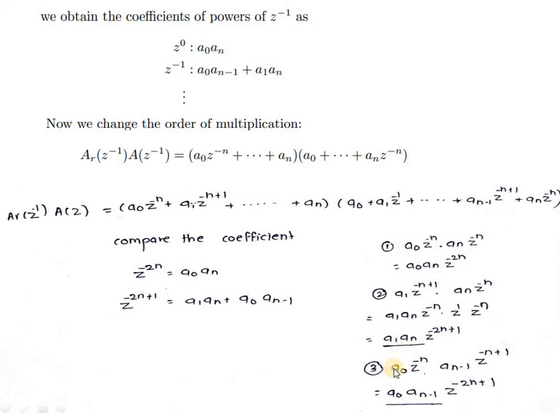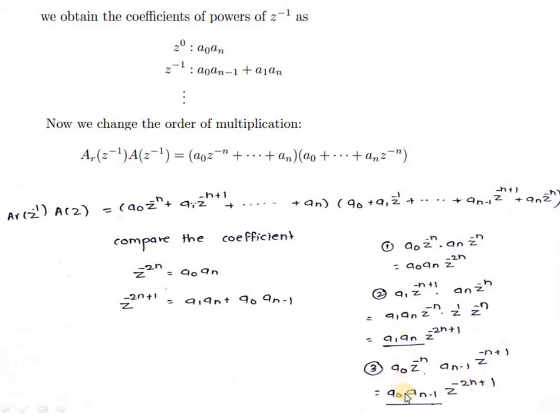The second term we multiply is a0 into z raised to minus n with the term a of n minus 1 into z raised to minus n plus 1. With this multiplication we get a0 into a of n minus 1 into z raised to minus 2n plus 1, splitting the z polynomial as we saw previously.